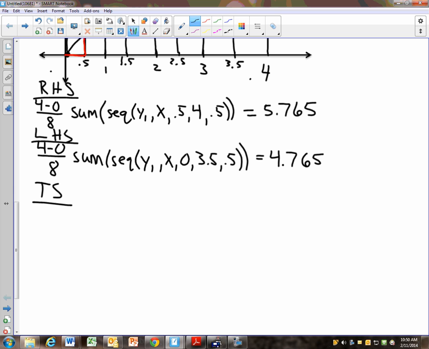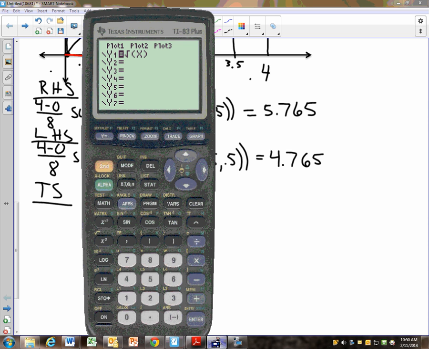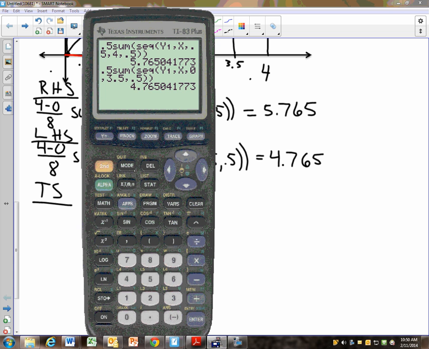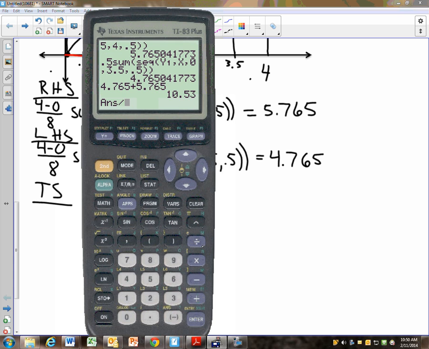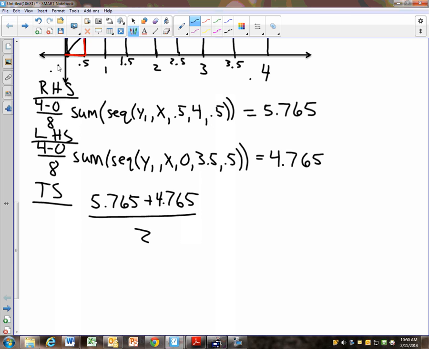So, I had right-hand sum, I had left-hand sum. How do I do trapezoidal sum? 5.265.